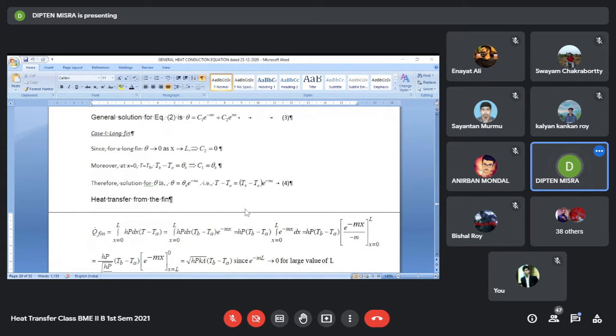Suppose we have an x-axis and a y-axis on which we plot the temperature, and the x-axis indicates the distance from the base of the fin.